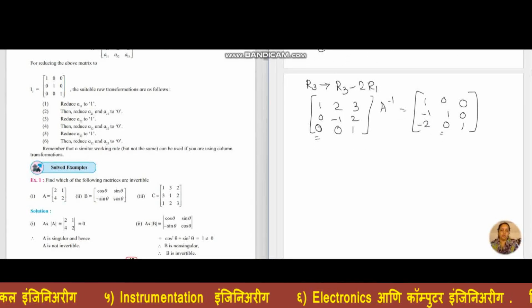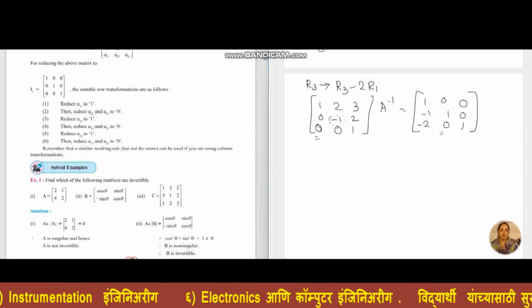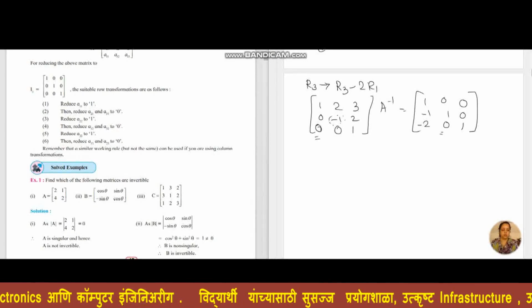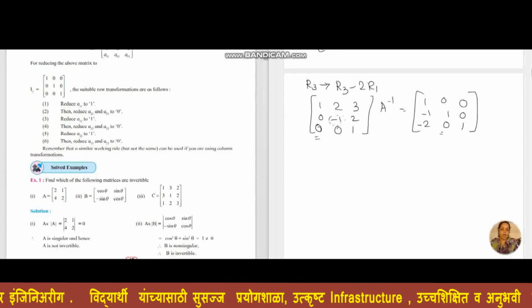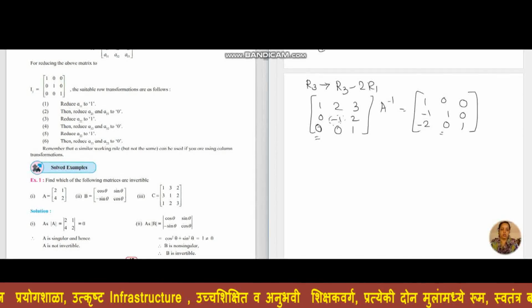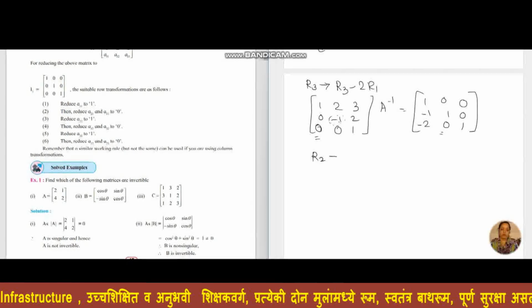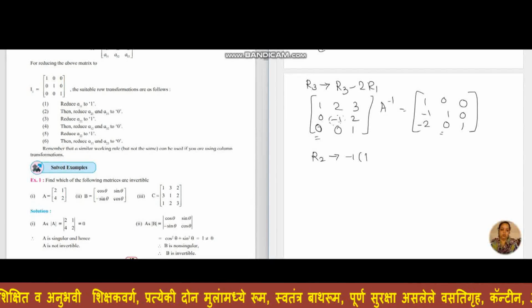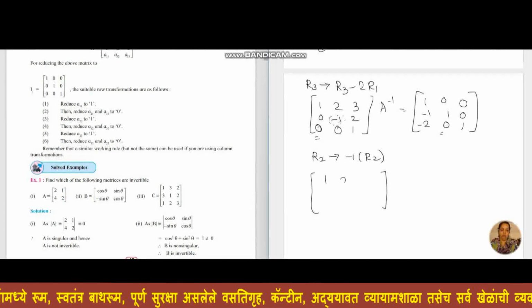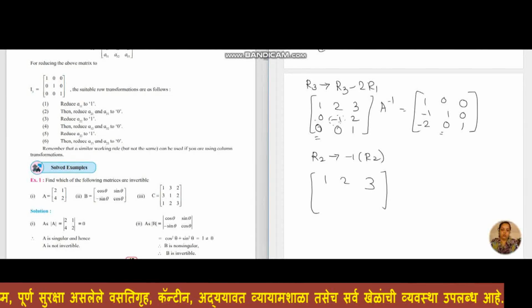Now we want to convert this middle element to 1. Think which operation we can perform. If we multiply this minus 1 by minus 1, we get 1 here. So our next operation is R2 changes to minus 1 into R2. So the result is 1, 2, 3. Minus 1 into 0 is 0.